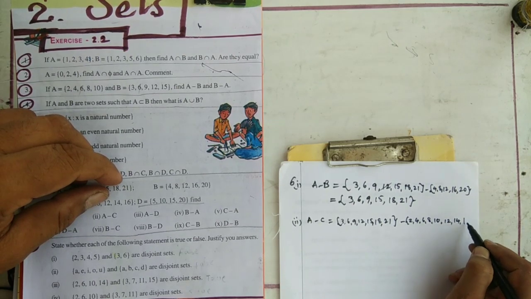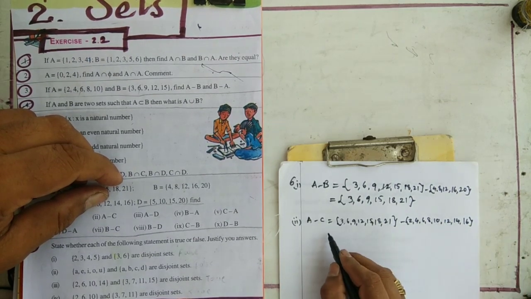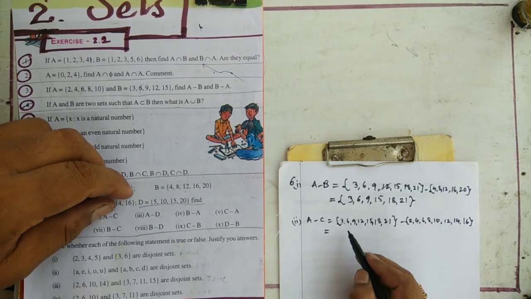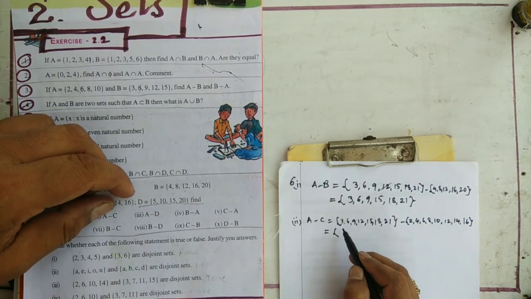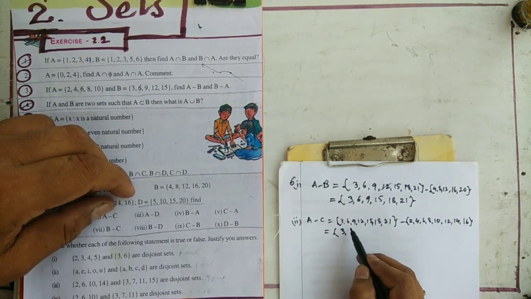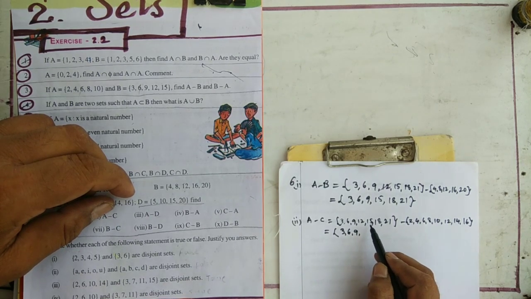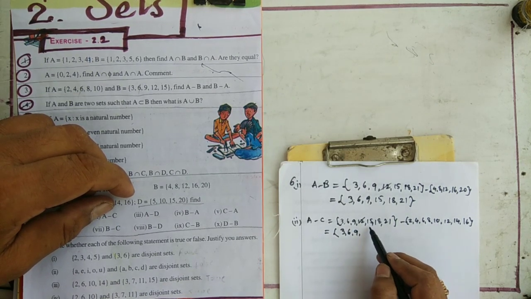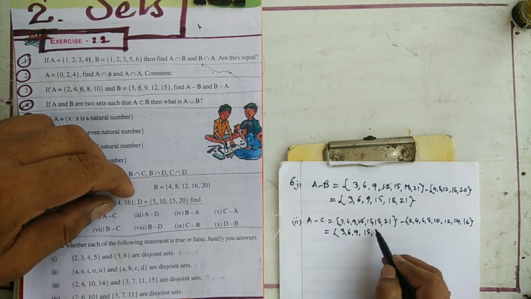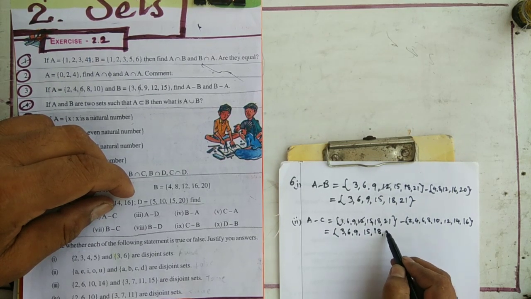So 3, 6, 9, 12 is common, so we leave it. Then 15, 18, 21.